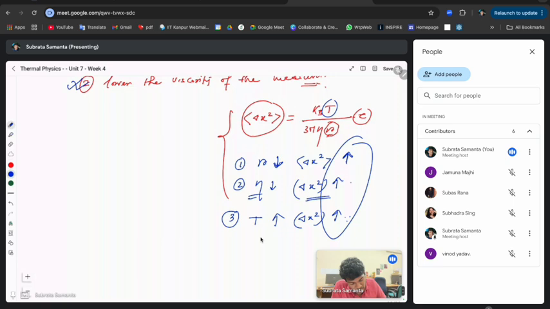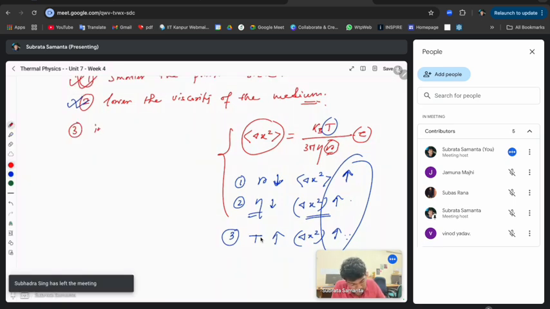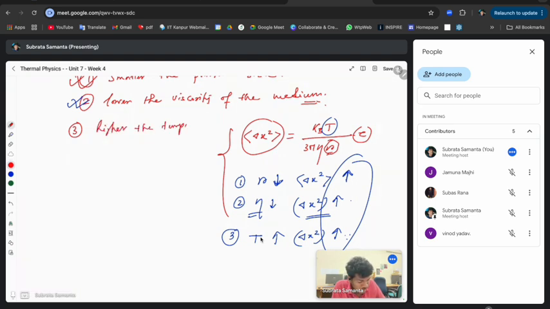So the third point is increase the temperature. Higher the temperature, greater the motion, because the kinetic energy increases.